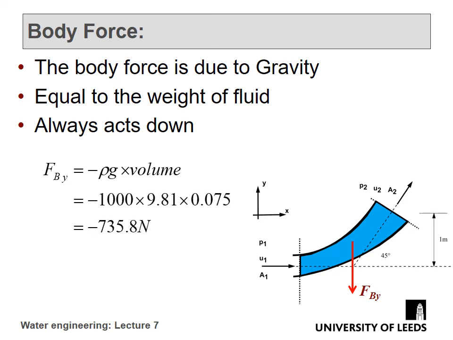We were given the volume, 0.075, and that comes out to be minus 735. Remember the minus because it's down and y is positive upwards. Body force in the x direction is 0. It will always be 0 because gravity only acts down, not horizontally.